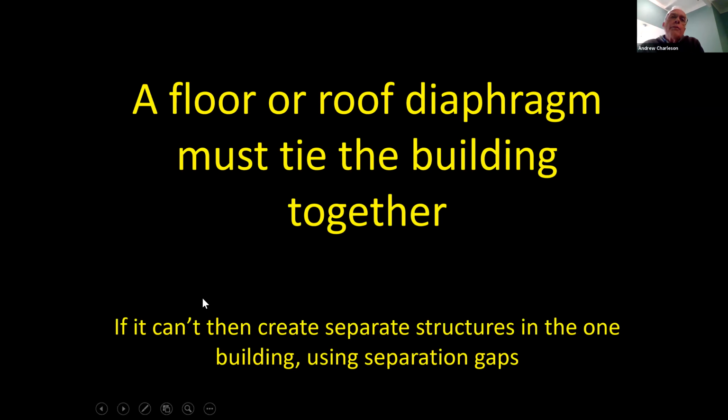If you've got large penetrations in your floor slabs that mean that you can't tie your building together, then you need to create separate structures in your building using seismic separation gaps. That's the strategy that we would normally adopt.